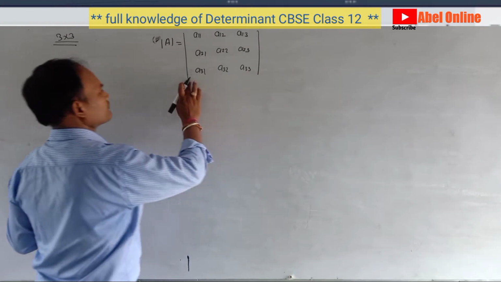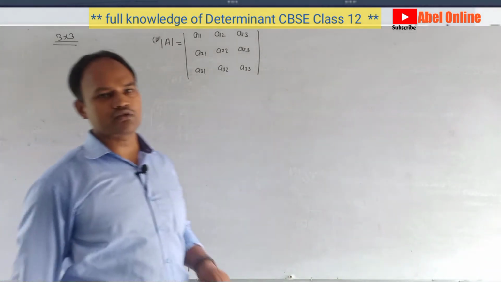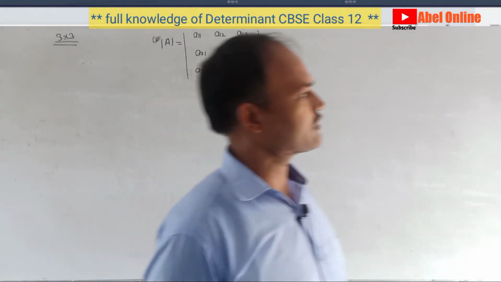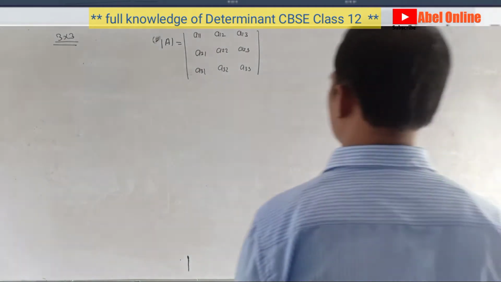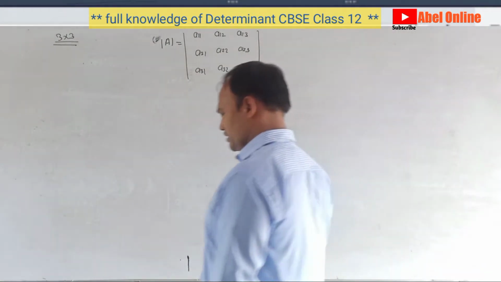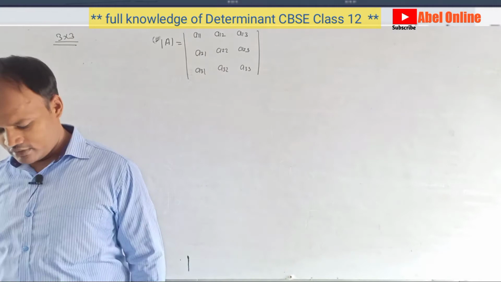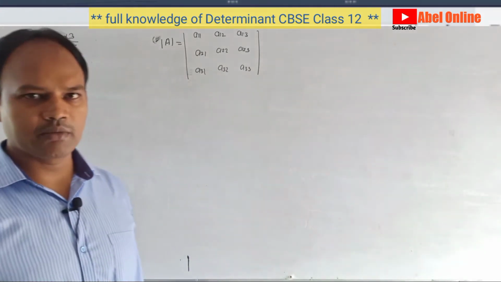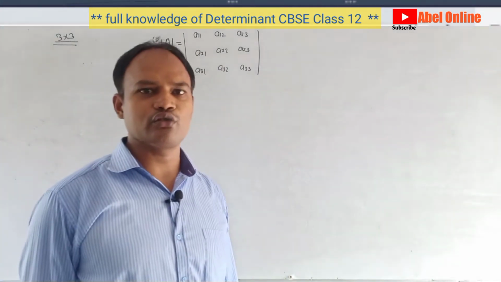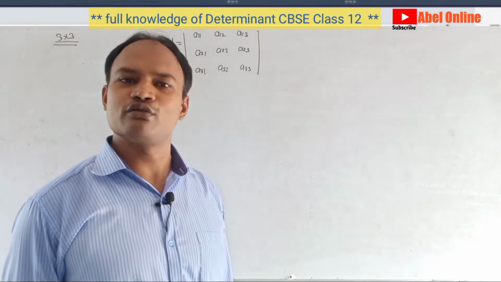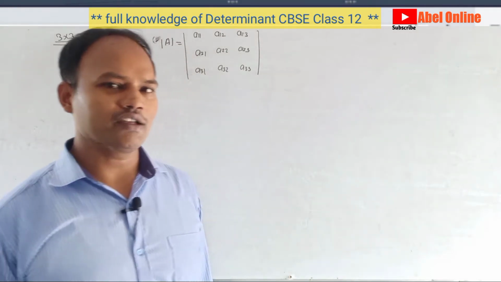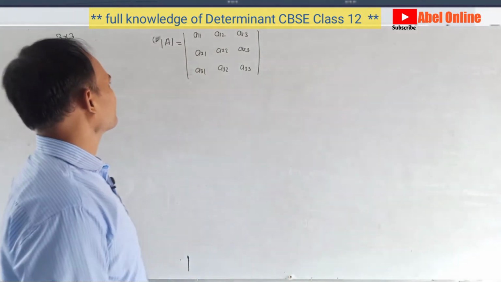This is the data, students. Remember this way: A11, A12, A13, A21, A22, A23, A31, A32, A33.